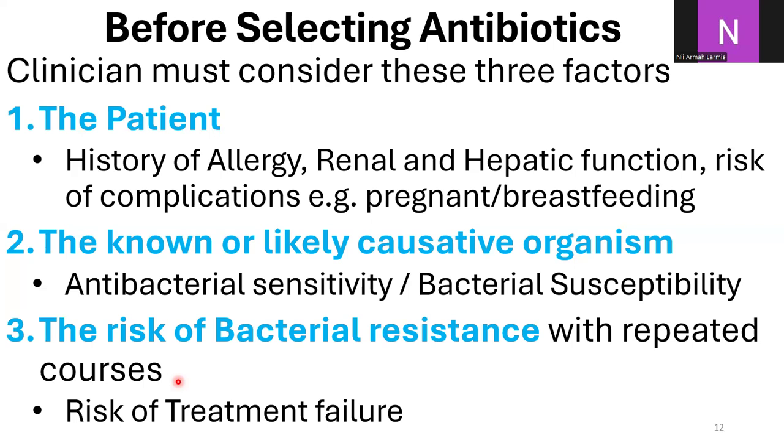So there's a risk of bacterial resistance when you are using antibiotics. We should protect our antibiotics at all costs so that we can be able to do our battle with disease-causing organisms.